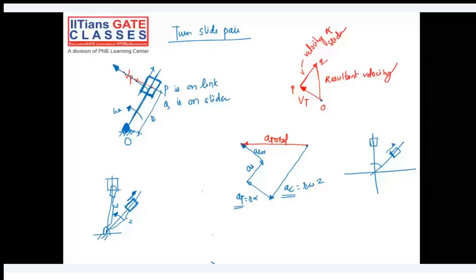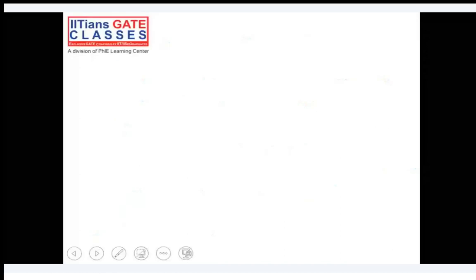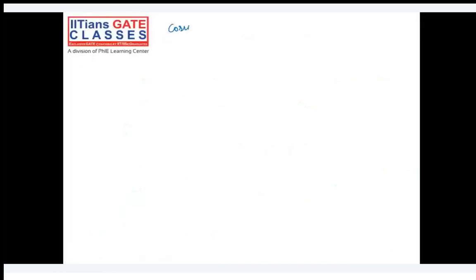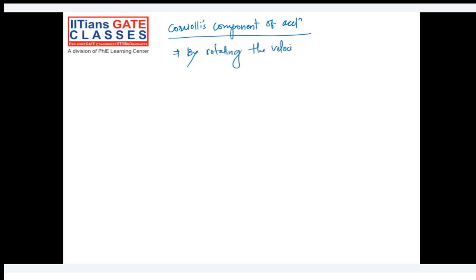Okay, so I'll just give you an example. This is your turning slide pair, and this is your piston or slider. Let's create all four possible cases. For example, the slider is sliding in this direction. And in this case, the slider is sliding in the downward direction.